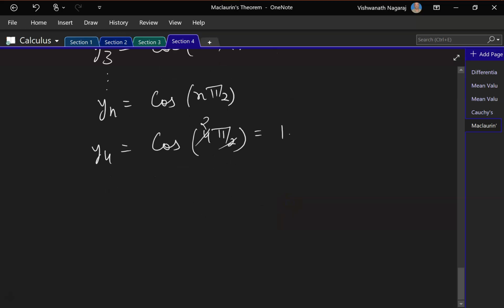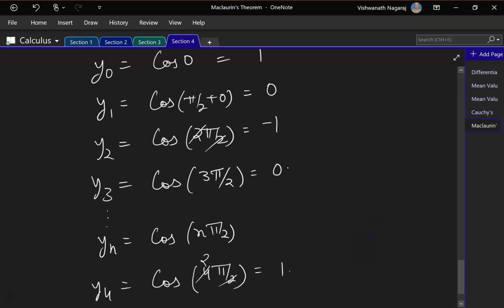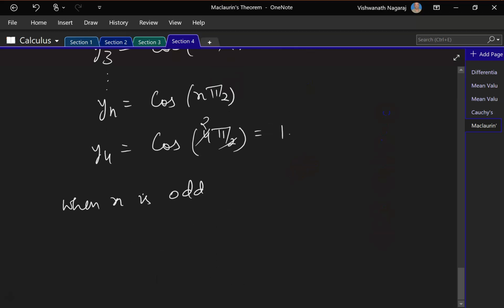Okay, so if you observe this, when n is odd, that is 1, 3, 5, for 1 it is 0, for 3 it is 0. So when n is odd, the nth derivative, or let me just put it as yn, is equal to 0.